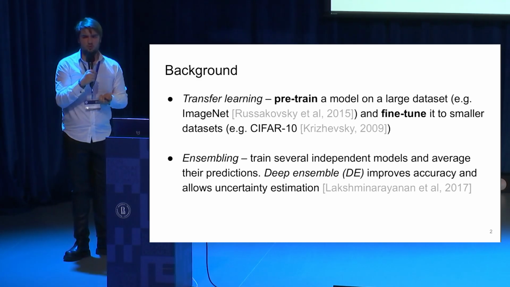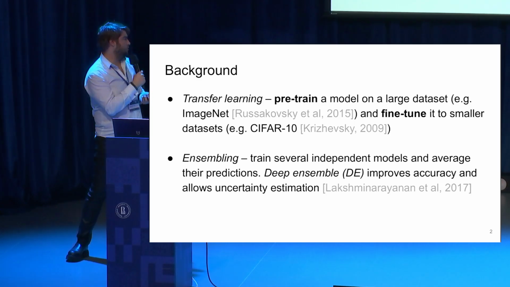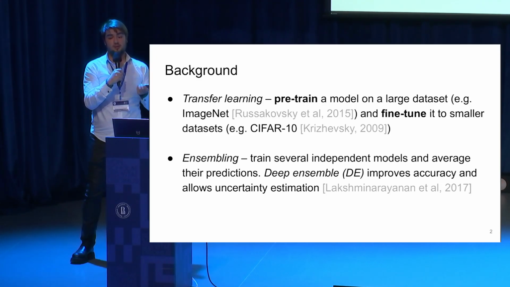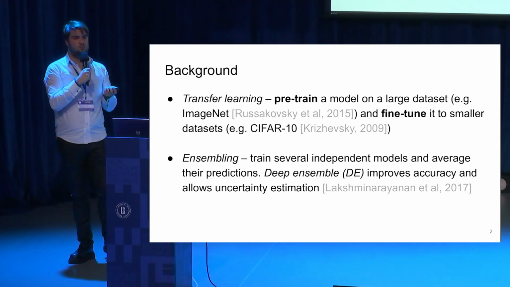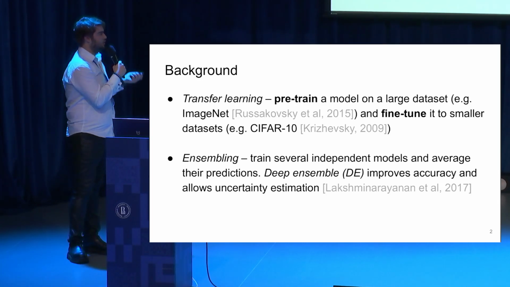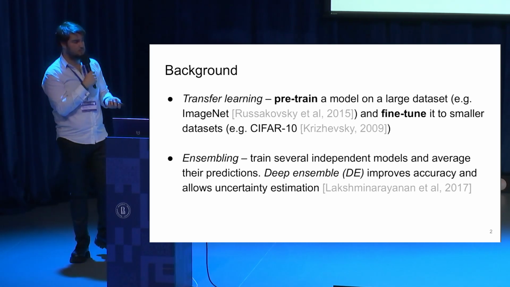But in fact, when you want your model to have good performance on real-world tasks, you want it to be robust, and you want to do uncertainty estimation of the predictions. So I think it is really important sometimes to use ensembles, because they allow you to improve the quality of the models and, moreover, to do the uncertainty estimation.